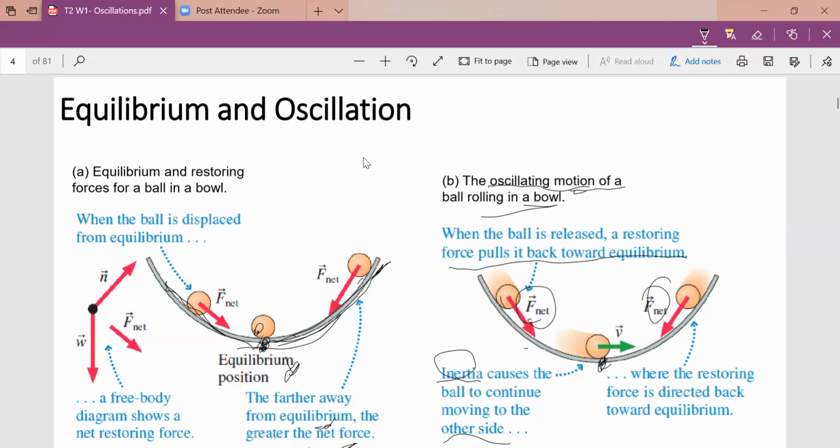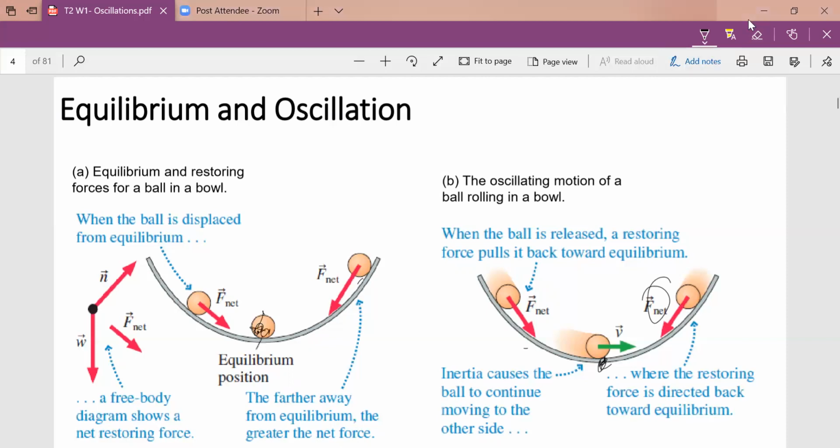Let's see quickly the figure before us that I want to use to understand equilibrium as it relates to oscillation. Oscillation primarily is motion that repeats itself, motion that can go back and forth repeatedly. So whenever we see such motion, we say that object is oscillating.